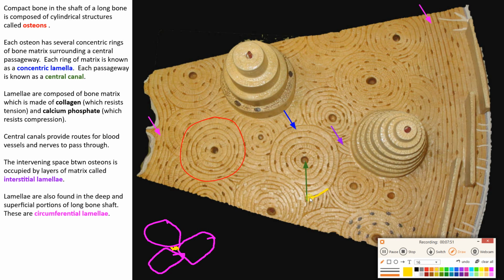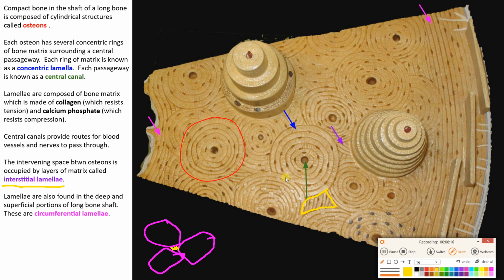And I actually see that in several places. Do you see this little area right here? It's between 4 osteons. This little area has its own little layers of matrix. Check those out. And these little layers of matrix, because they're in between osteons, are called interstitial lamellae, like layers in between.